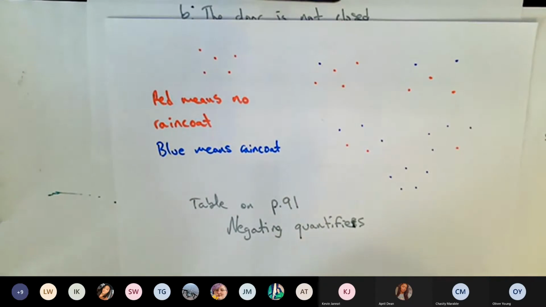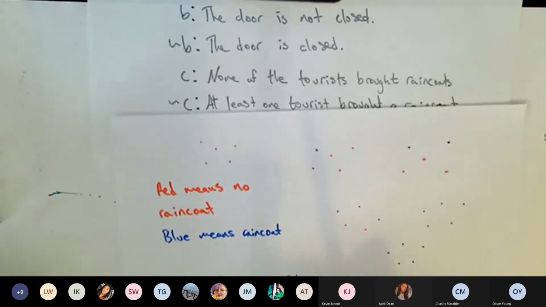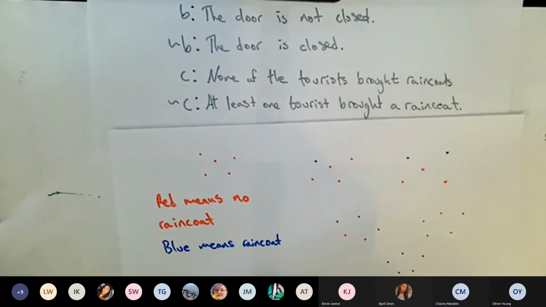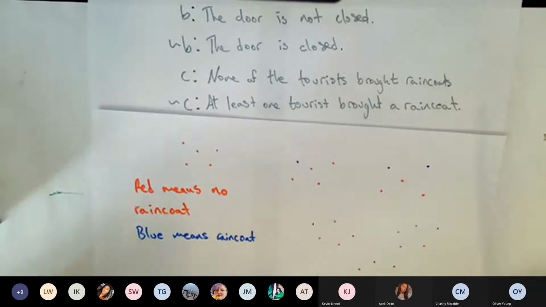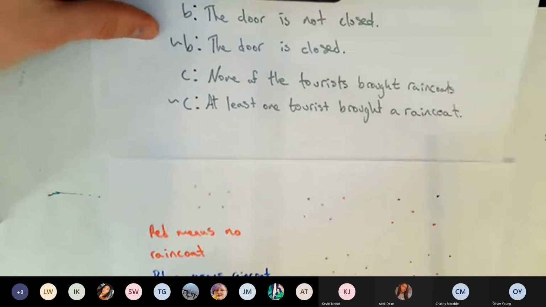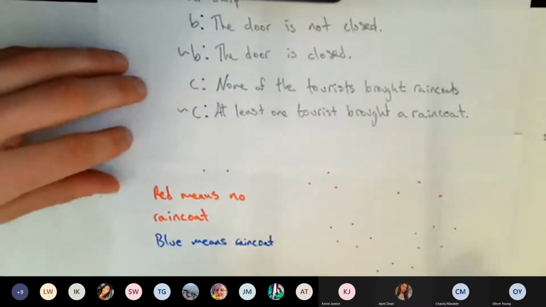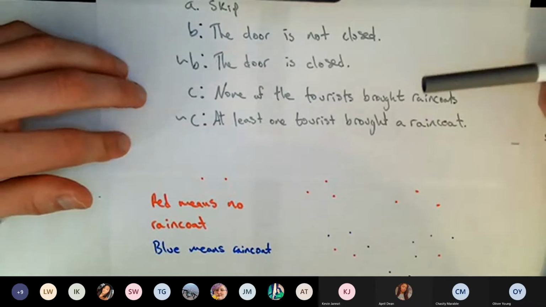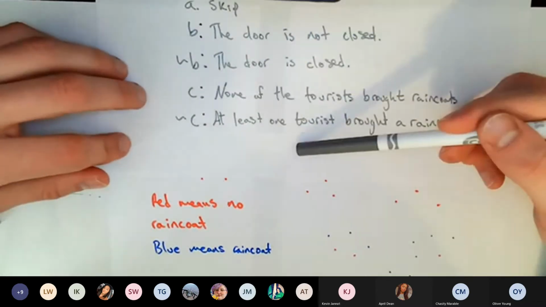And it has the category that we just looked at. It says if your quantifier is none, then your negation should be there is at least one. Okay. All right. So that would be a big point to write down here. The negation of none is at least one.